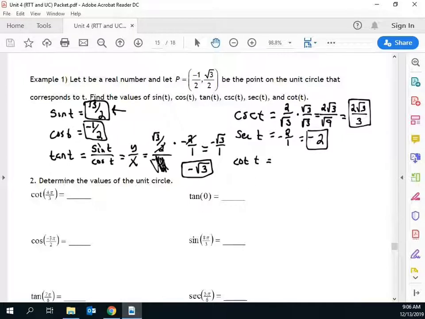I don't want to take the reciprocal of this, because that's a lot of work that's going to be done. So what we did here was, hey, we did the divide, and we ended up with this one here, and then we simplified. So what I'm going to do is take the reciprocal of that, which is already divided, which is perfectly fine. You can do that. So we'll take the reciprocal of negative root 3 over 1, which is negative 1 over root 3.